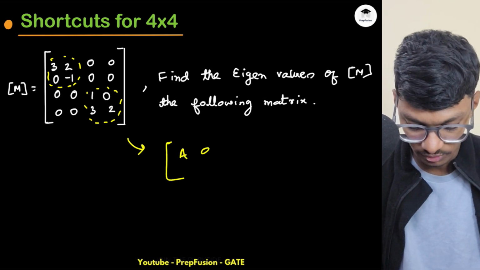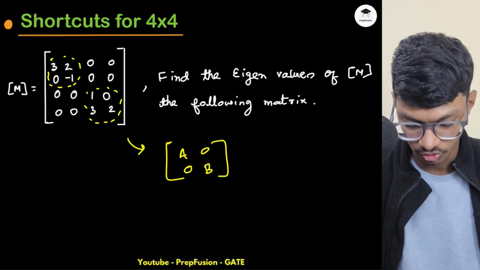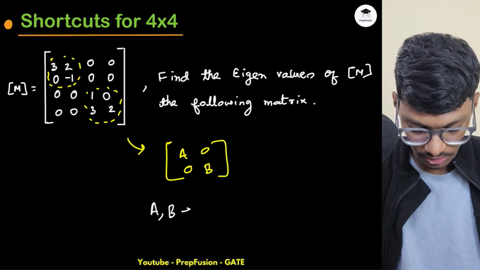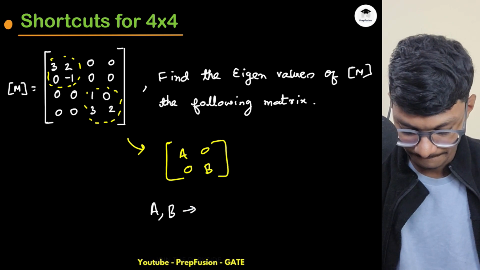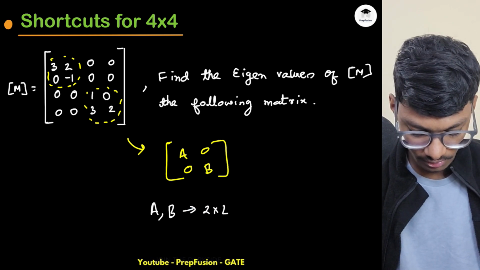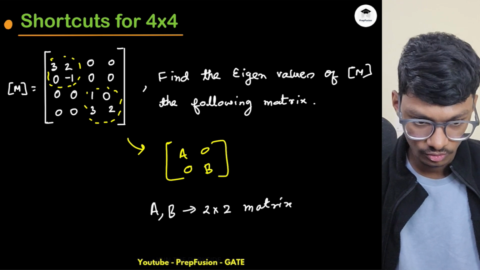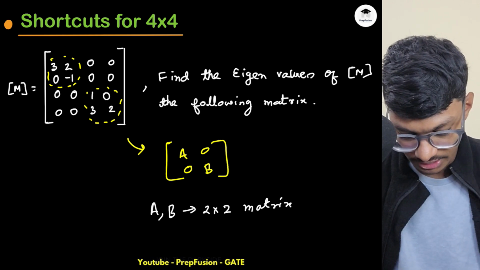So I can write it like this. Here A and B are 2 cross 2 matrices, and this O is also a 2 cross 2 matrix.